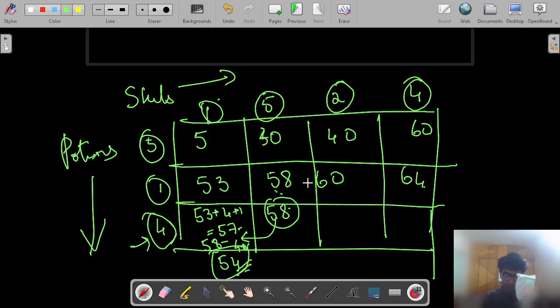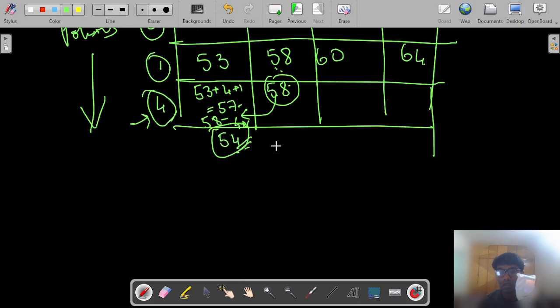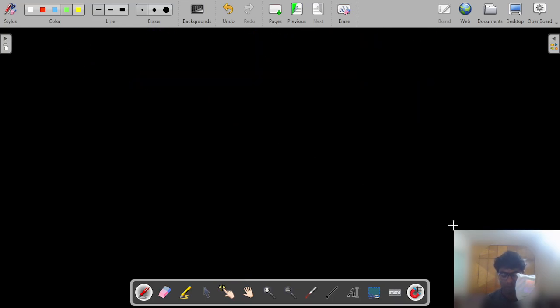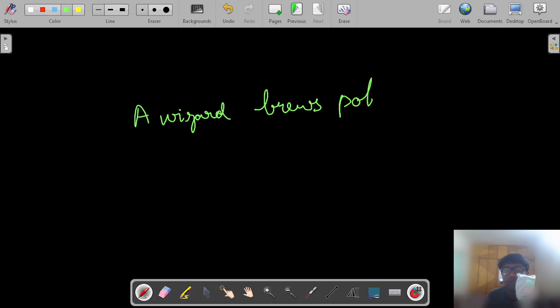This should give us an understanding such that for any given potion, a wizard brews a potion based on these conditions.